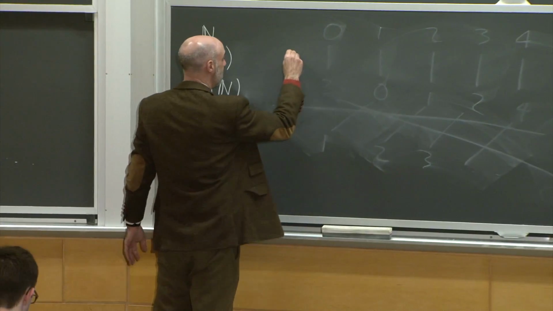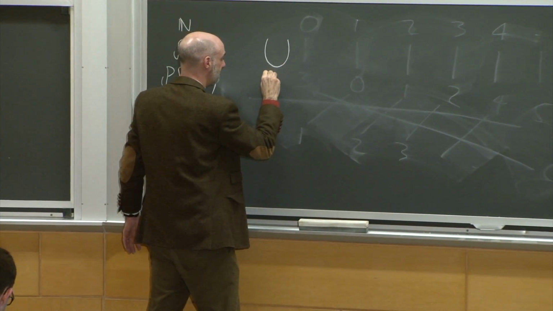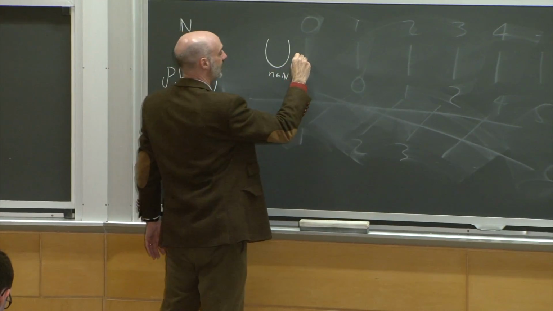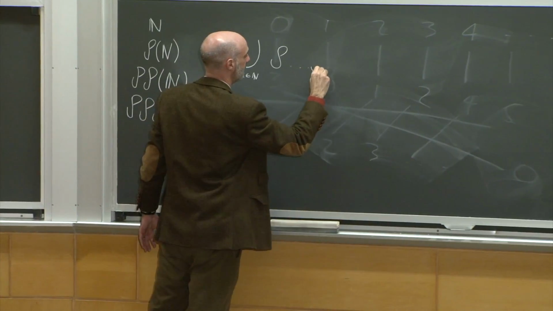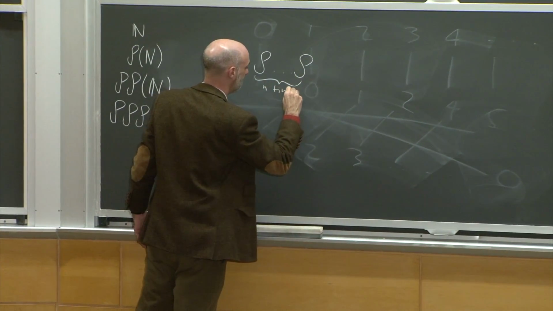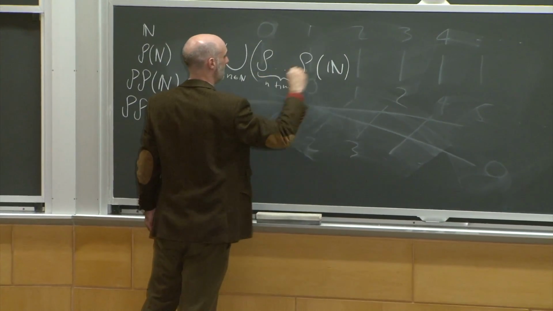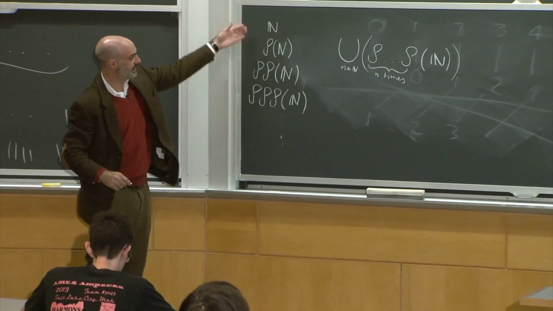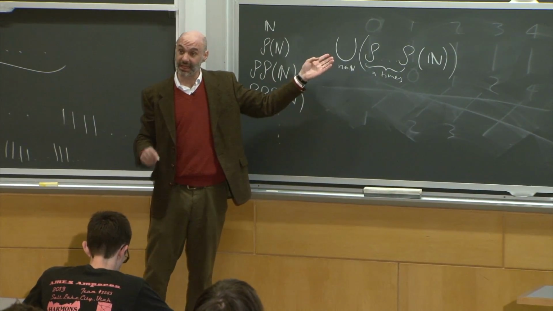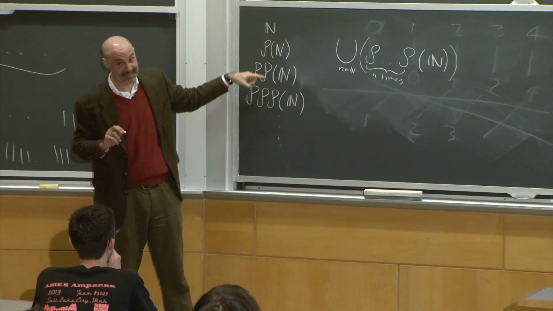Now what you do is you take the union of all these guys. So in other words, something is a member of this set just in case it's inside one of these guys.